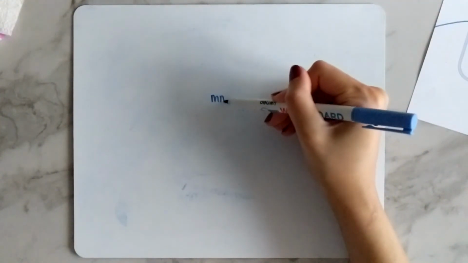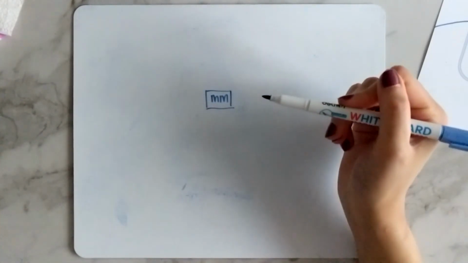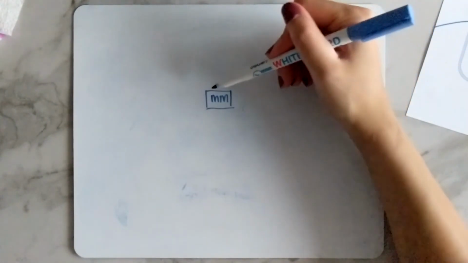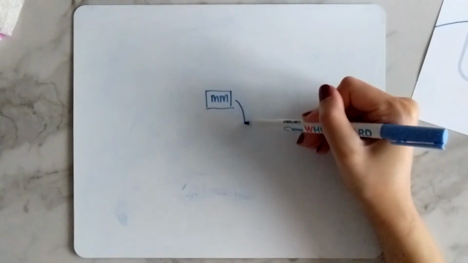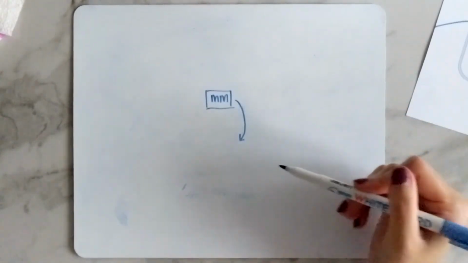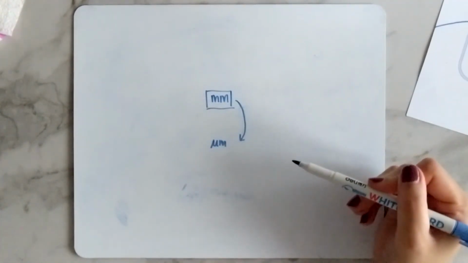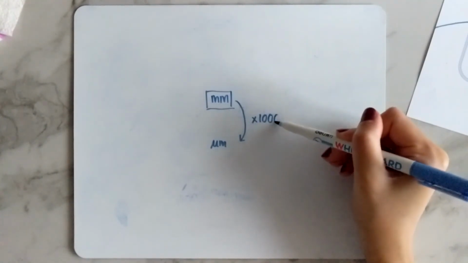Right, so conversions then. So we started with millimeters. If I just put millimeters there in the box. In order to go from millimeters to micrometers, and that symbol is like a U with a stick at the front. To get to micrometers, you have to times by 1,000.